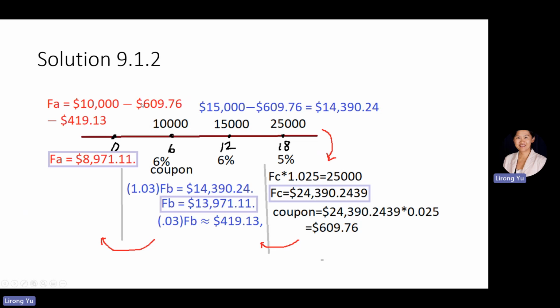So 10,000 minus 609.76 minus the 419.13, since that's the value of the coupon. After the subtraction, the leftover is 8971.11. So that's how much we should buy for the 6 months bond.